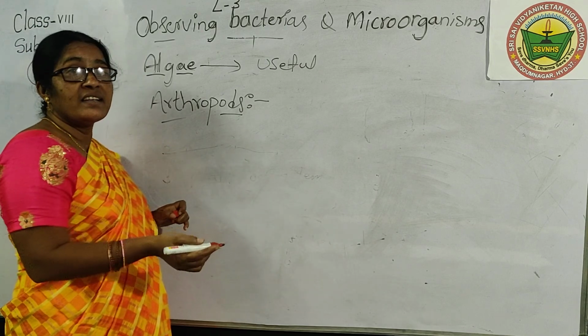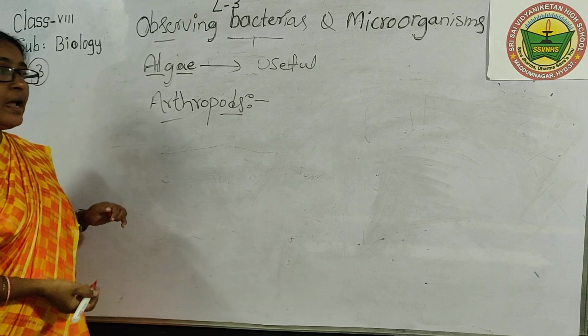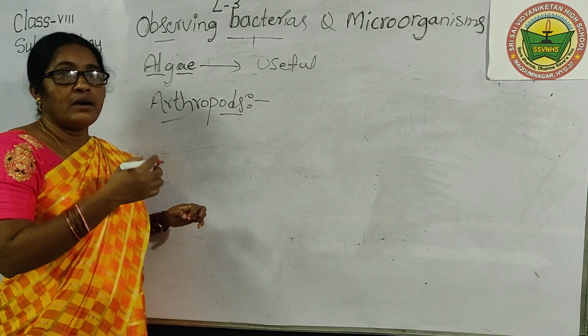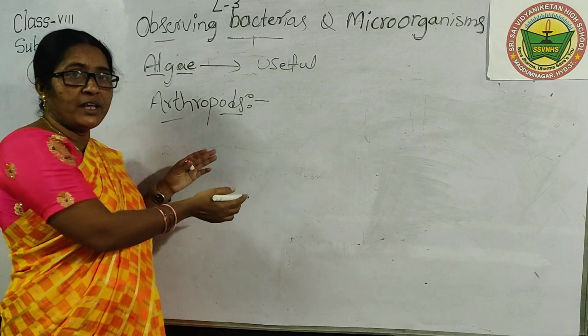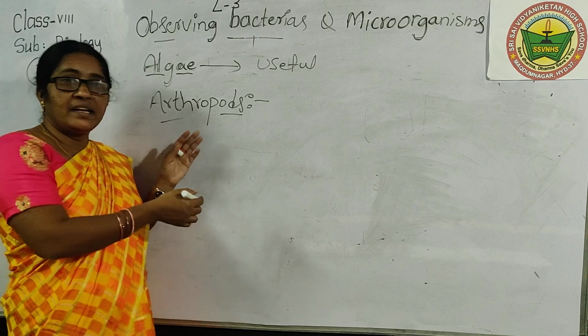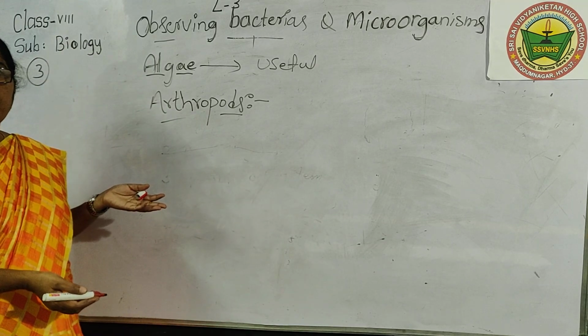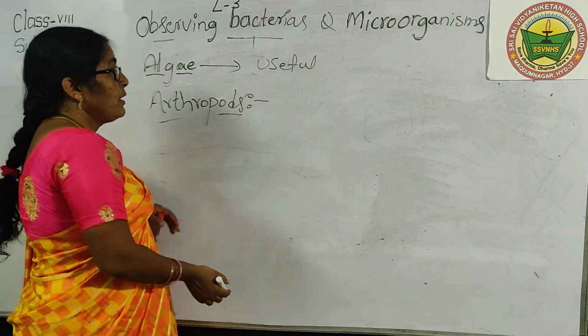Some are causing other diseases like itching. Whenever they stay on the bodies of organisms, at that time they are causing itching. So that is the bad effect of arthropods.